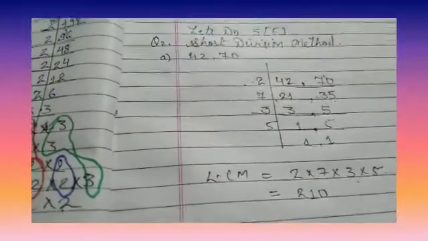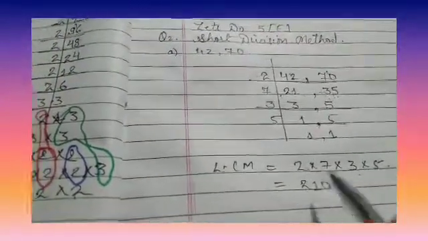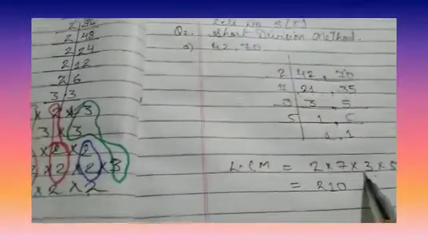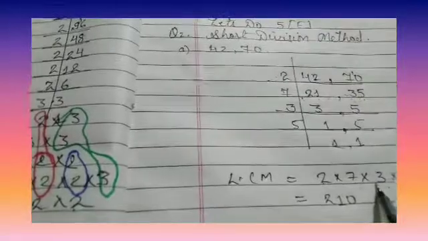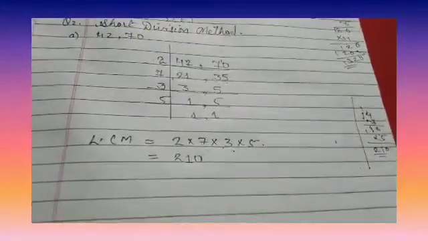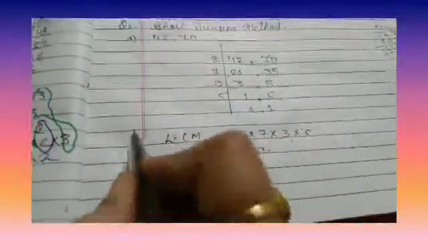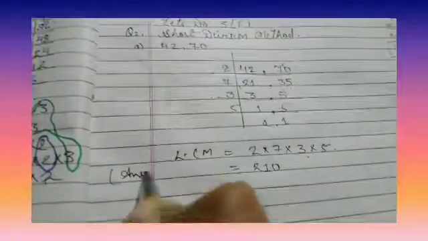If you don't know the table orally, you can multiply it down. You can make a rough column and do the rough work over here. Okay, so this is our LCM and this is our answer.